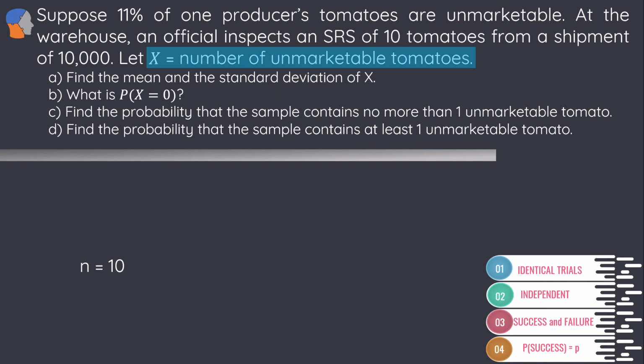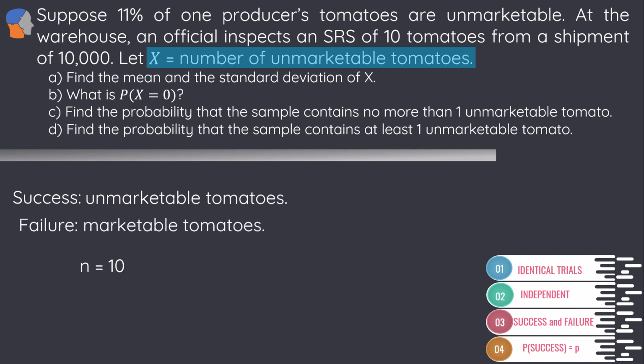How many possible outcomes? 2. What are those? Unmarketable tomatoes and marketable tomatoes. Here X is unmarketable tomatoes, therefore success is unmarketable tomatoes and the failure is marketable tomatoes. Therefore the third condition is also satisfied.